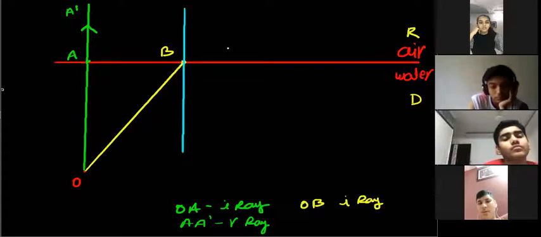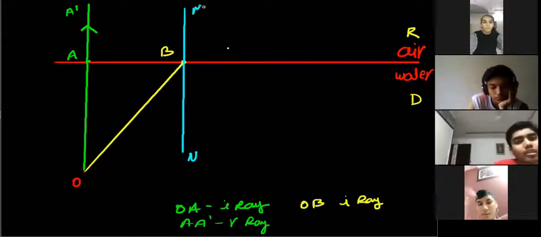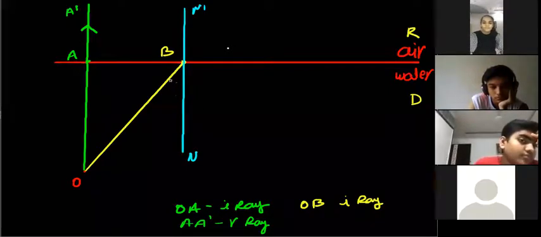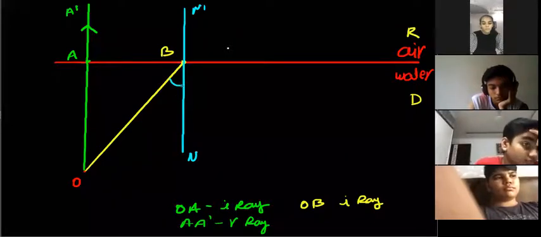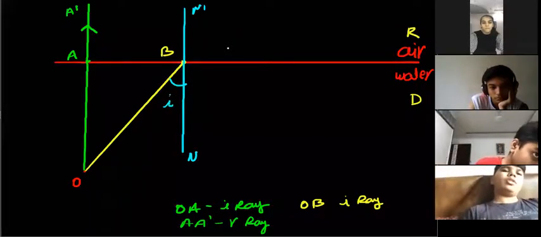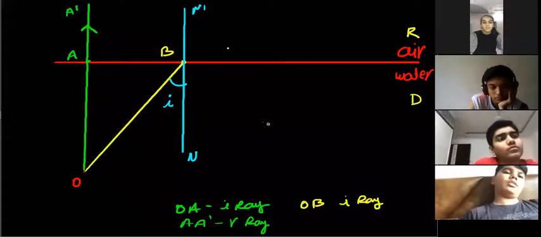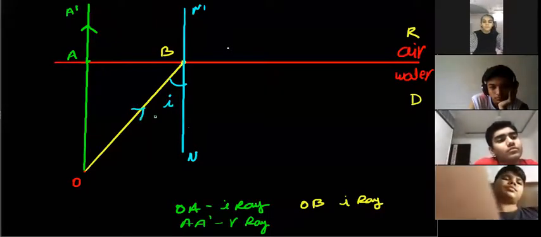Okay, so let's say this is our normal N dash. Everyone clear? So this is our angle of incidence, the angle between the incident ray and the normal.